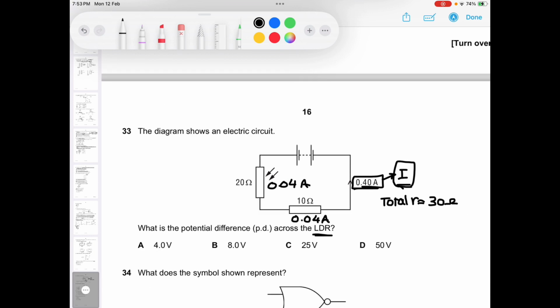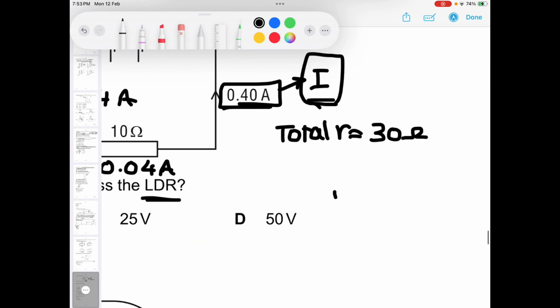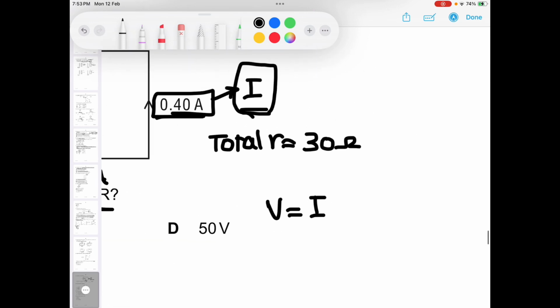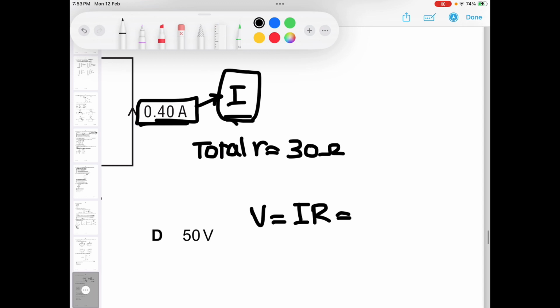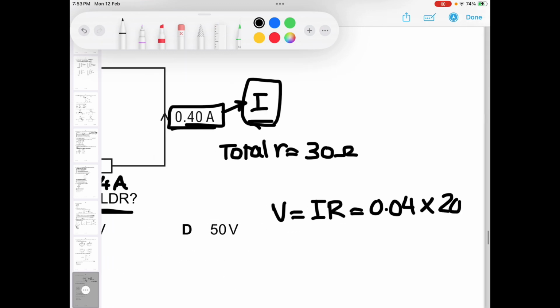What is the potential difference? So V is equal to I times R, which equals 0.04 times 20.